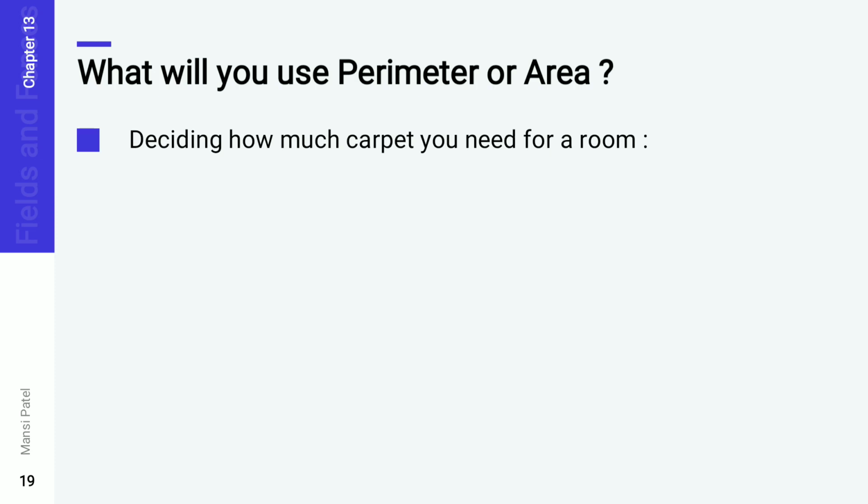You are putting it on the floor, which is inside your room. So here they are talking about the inside. Whenever they are talking about the inside, you have to find the area of that thing.